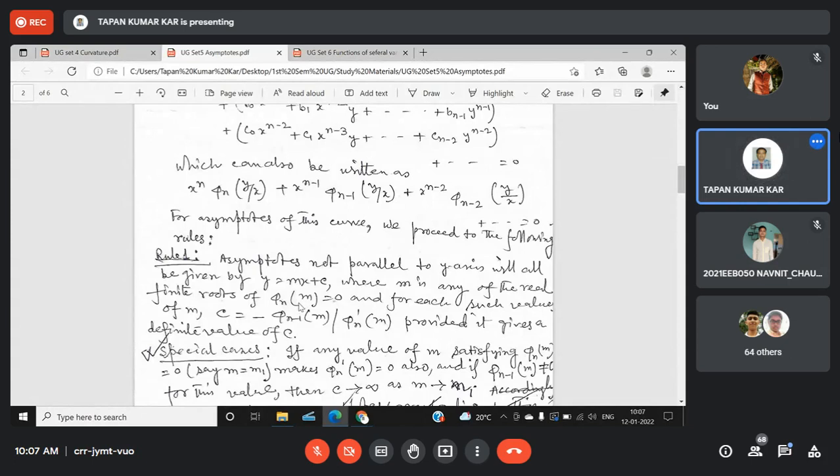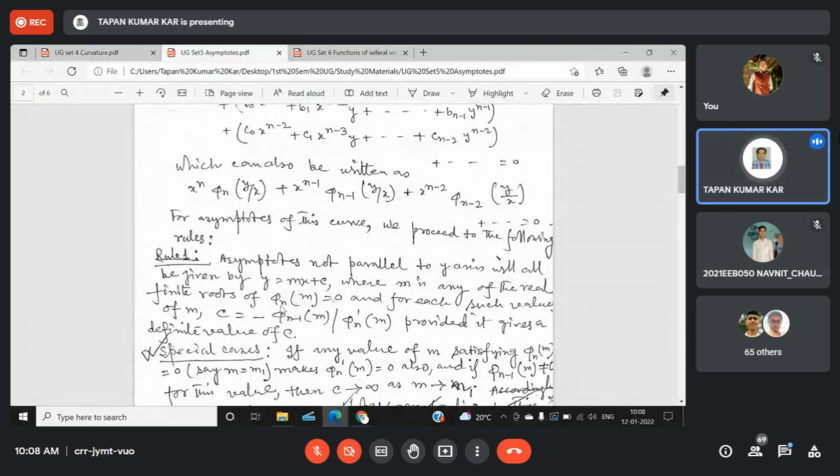Here m is any of the real finite roots of phi n m equal to 0. If it is a cubic equation, you will get 3 values of m, so there are 3 asymptotes. If it is a 4 degree equation, you will get 4 values of m, and the corresponding 4 asymptotes will be obtained.